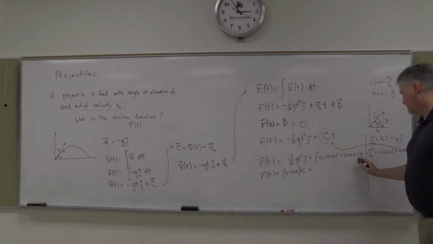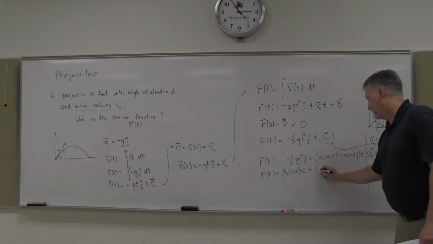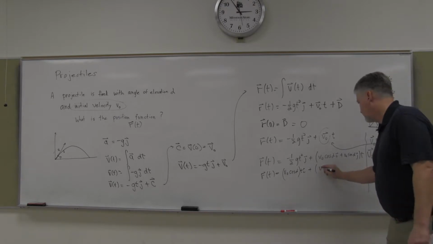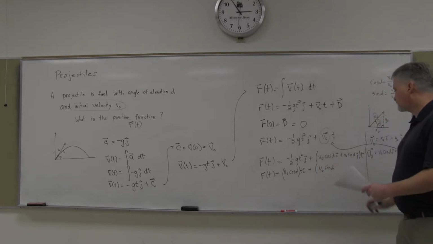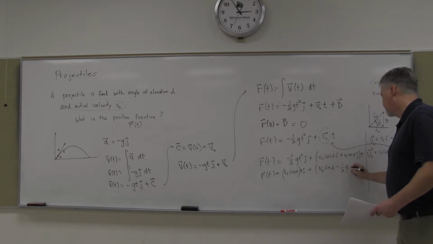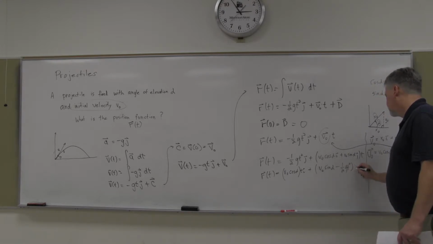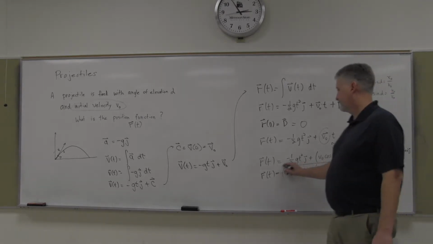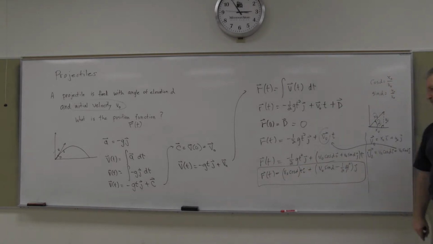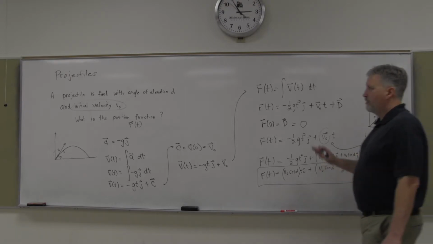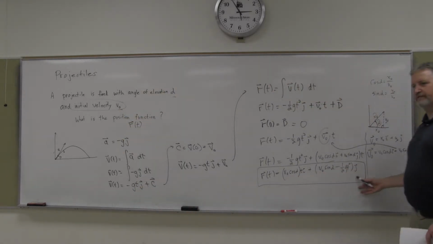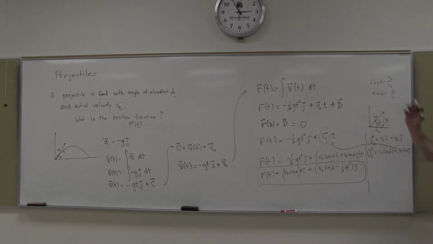The j component is going to be v0 sine of alpha t minus 1/2 g t squared. There you go. So the position, no matter what your angle is, what your initial velocity is, this gives you the position of that projectile.